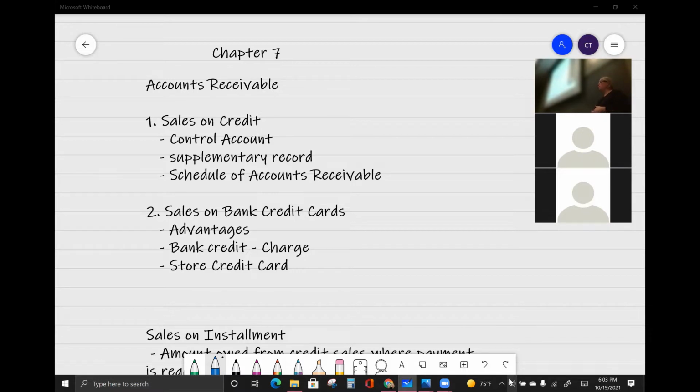So the way that the software works is you'll have a source document of some sort. Maybe it's a sales invoice, or it could be something different, but a lot of times it's a sales invoice. And on there will be some services or parts that you're selling.